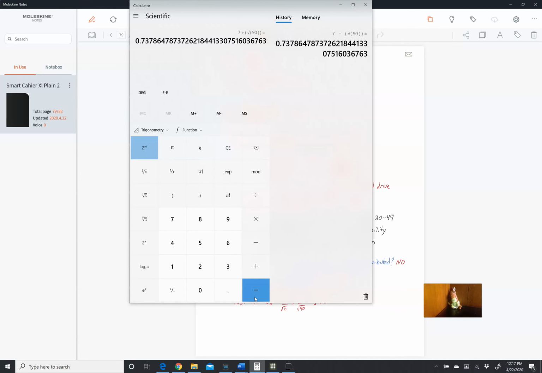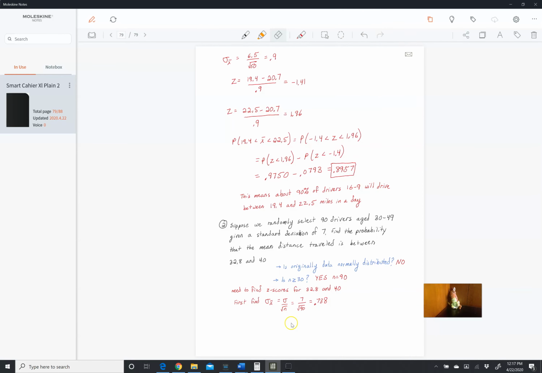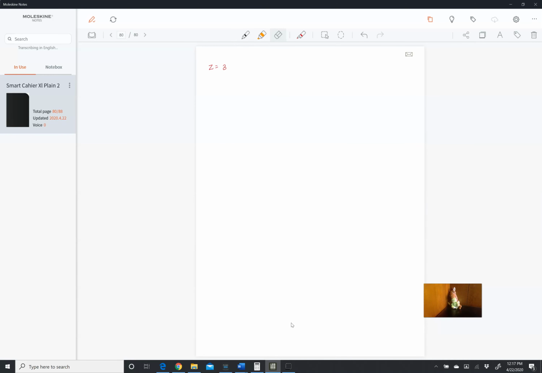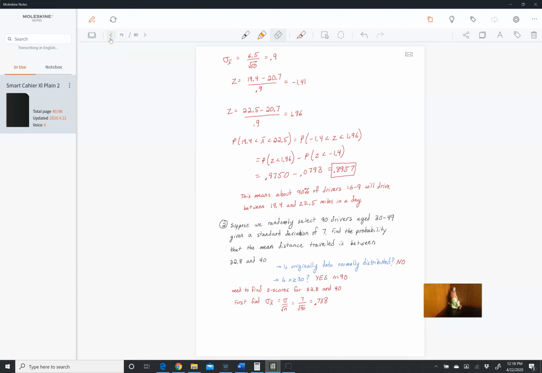Okay, so now it's just a matter of plugging in. So we have to find the z-score for 32.8. I'm going to do this on the next page because it's a little bit tight here. So we do 32.8. And now we have to go and we have to find the mean for age 30 to 49 because that's what we're working with.